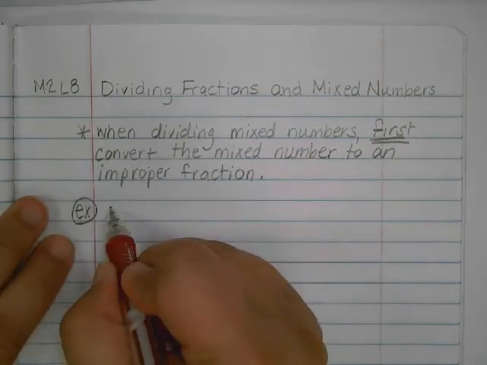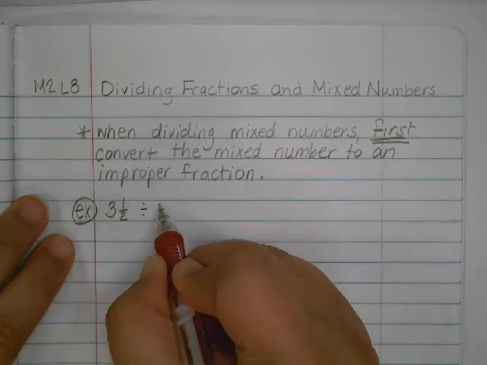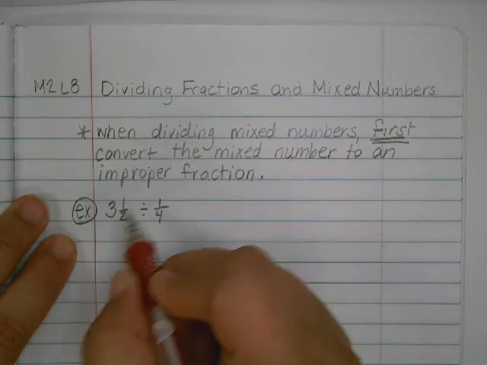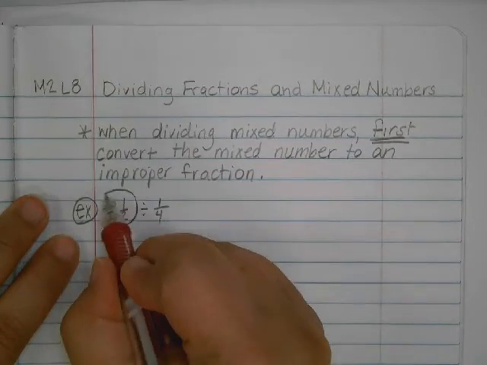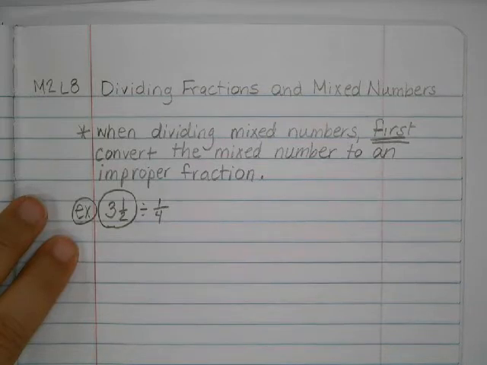For example, if I have 3 1/2 divided by 1/4, the very first thing I need to do is convert this 3 1/2 to an improper fraction.